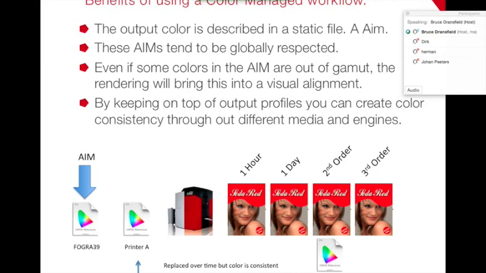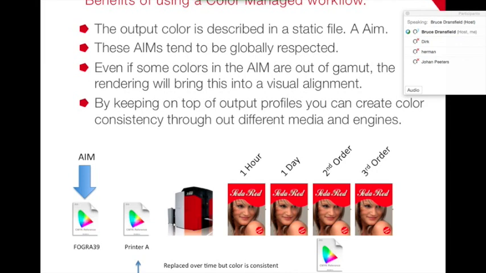Once you have a colour managed workflow, be it perceptual or relative, and you've agreed with your customer that this is the output that you will make, you can keep on top of the output by simply creating new output profiles or simply calibrating and keeping the press in good shape over time.